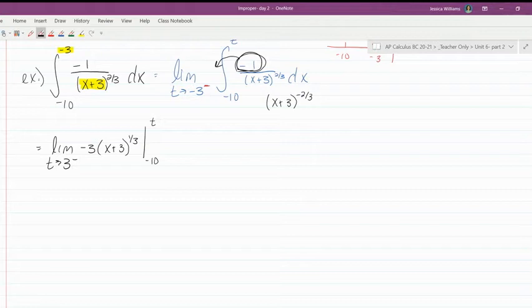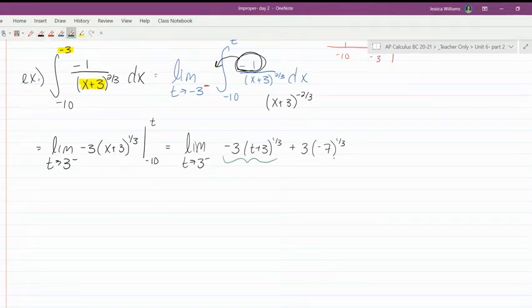All right, plug in top, minus plug in bottom. This will be the limit. When I plug in top, I get t plus 3. Minus negative makes plus 3, -7 to the 1/3. Just like yesterday, this is the piece we care about because this is not affected by t.